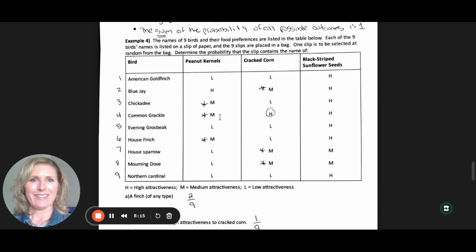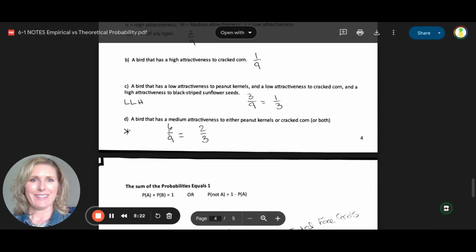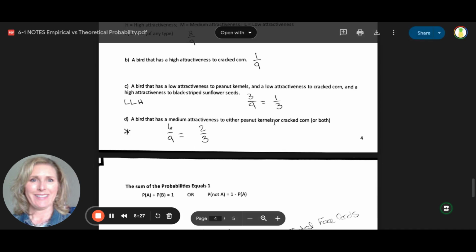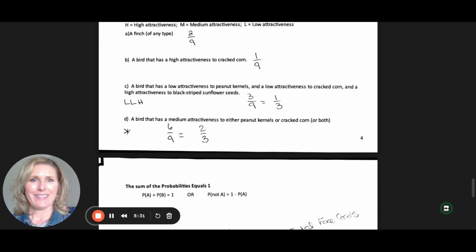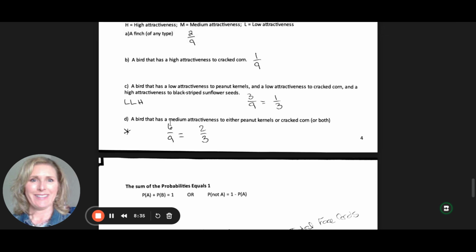There's the grackle. There's the house finch, the sparrow, and the mourning dove. So I found 6 birds that have a medium attractiveness to one of those kinds of food. And so the probability that I find a bird with that criteria is 6 out of 9, and that reduces down to 2/3.